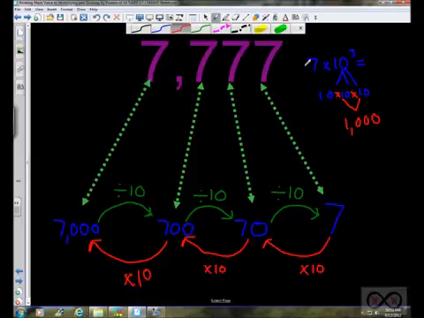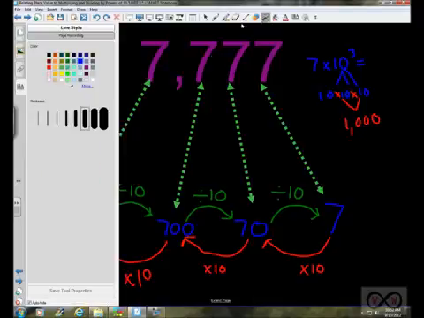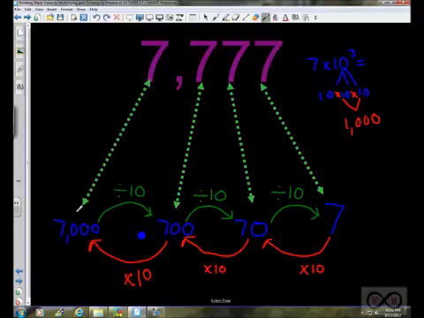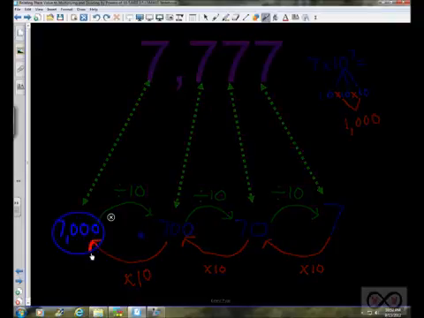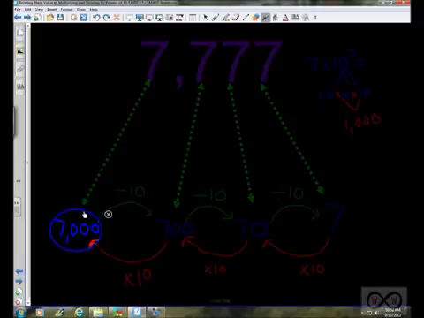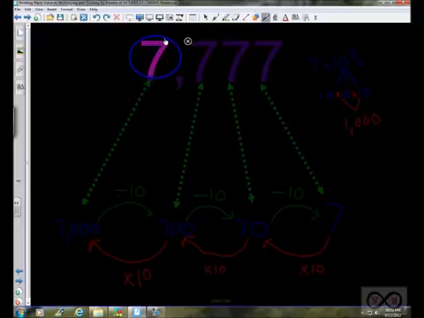So 7 times 1,000, and you're probably thinking, well, I see it over there, and you'd be exactly correct. The 7,000 would be the same as saying 7 times 1,000, because it is in the thousands place.